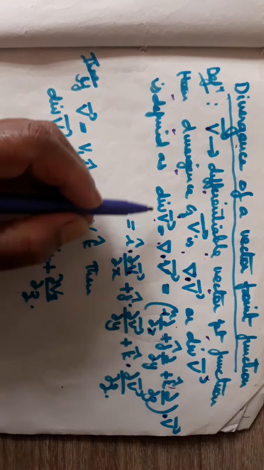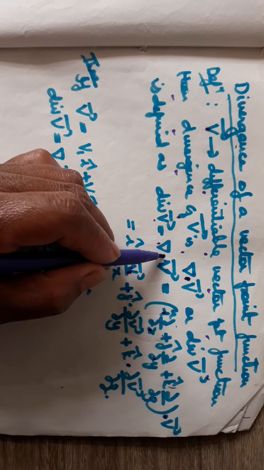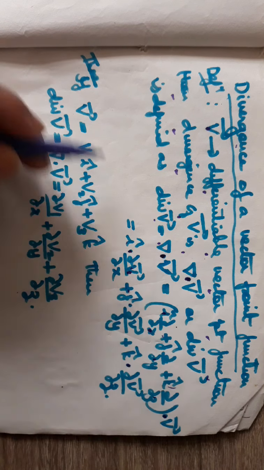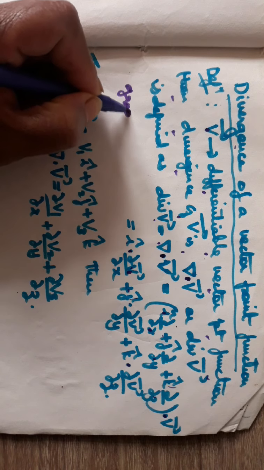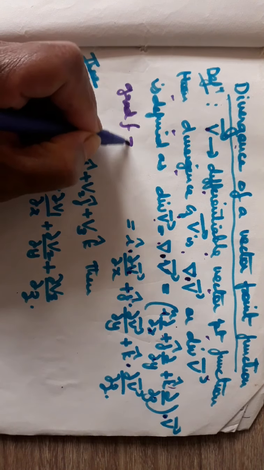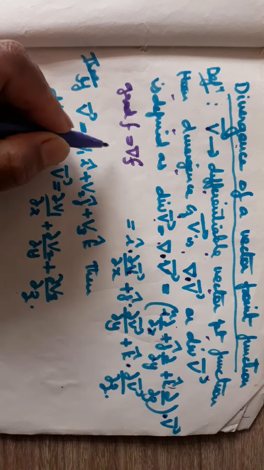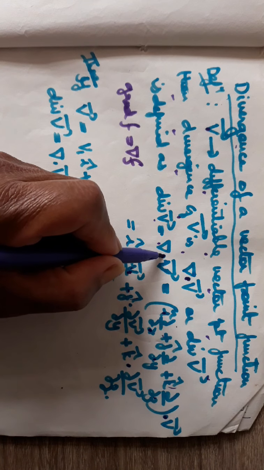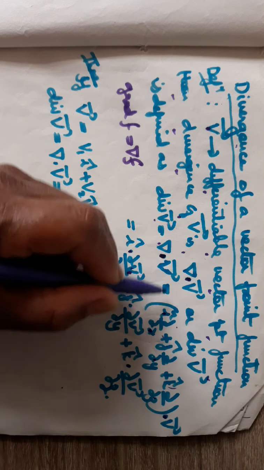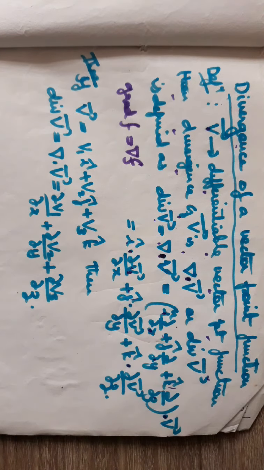Whereas in divergence, remember, it is a scalar product. This dot stands for del dot v bar. In gradient, the gradient of f is nothing but del of f.